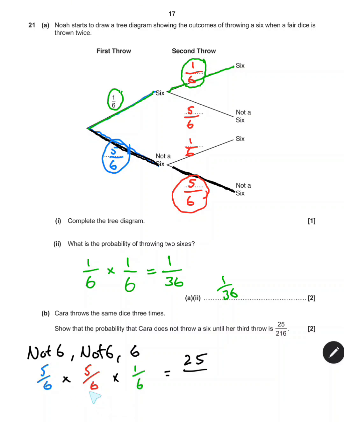And we need to do 36 times 6. So I'm just going to do that over here. 36 times 6. 6 times 6 is 36. 6 times 3 is 18, plus 3 is 21. We get 216, which matches what we've got in the question.